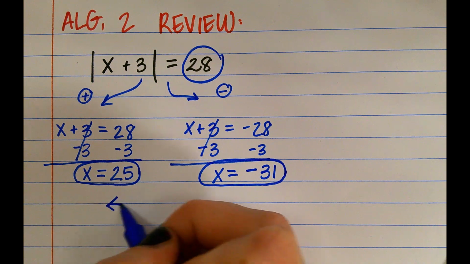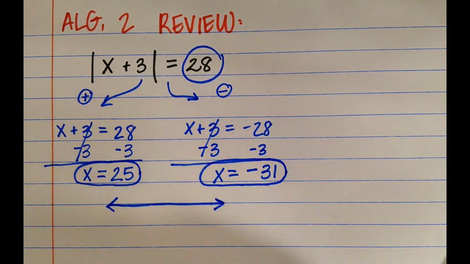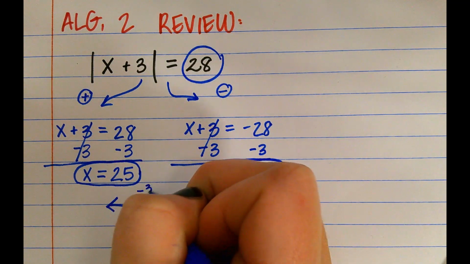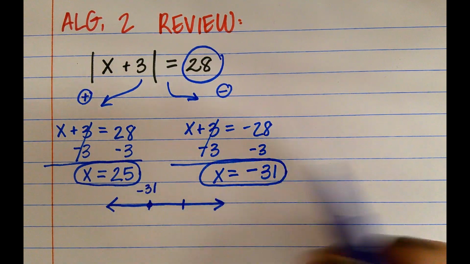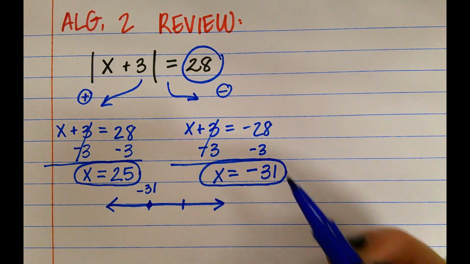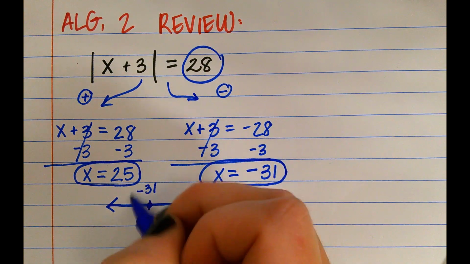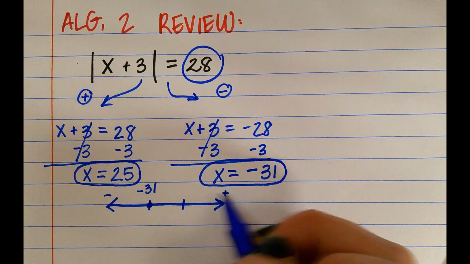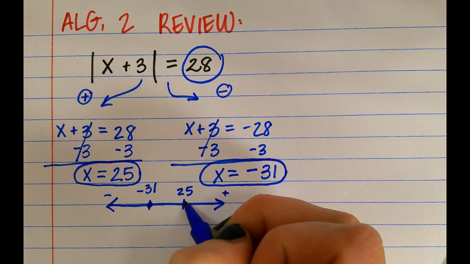Now, on a graph, which one goes first? Negative 31, because it's smaller. Negatives are smaller. Even though it's a bigger looking number, because it's negative, it's smaller than 25.